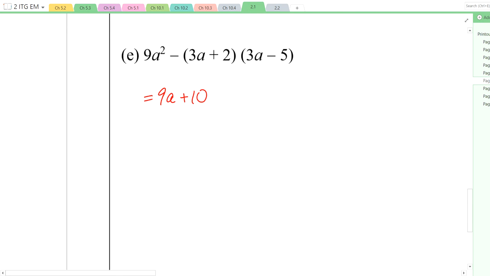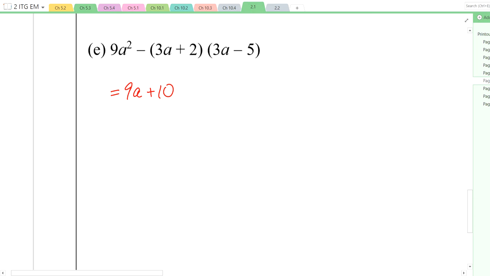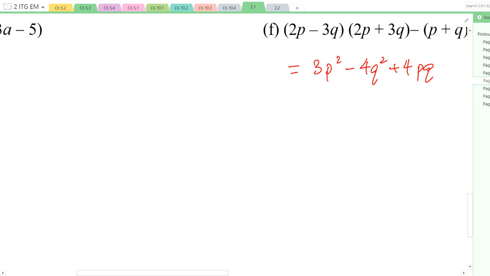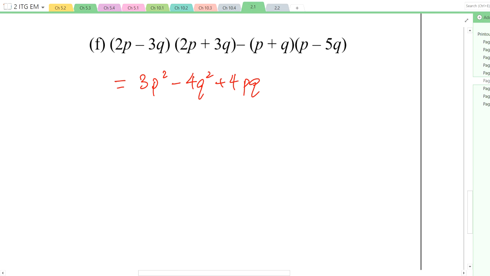Next, part E. 9a plus 10. If you find any mistakes, please let me know. And part F. Enyu, did you get most of it correct?